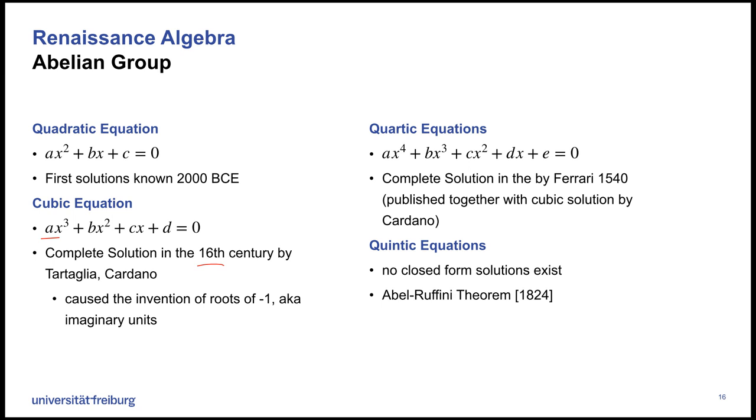Tartaglia, Cardano, and Ferrari were all in this northern Italian part where we have city-states, and basically science took off again after the ancient period. So this was a flourishing area where science was rediscovered, reading imported texts from Arabic countries, and they were also making progress in mathematics.